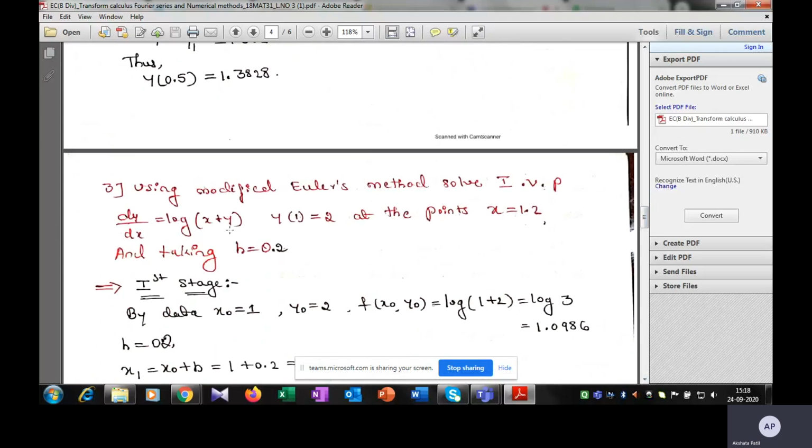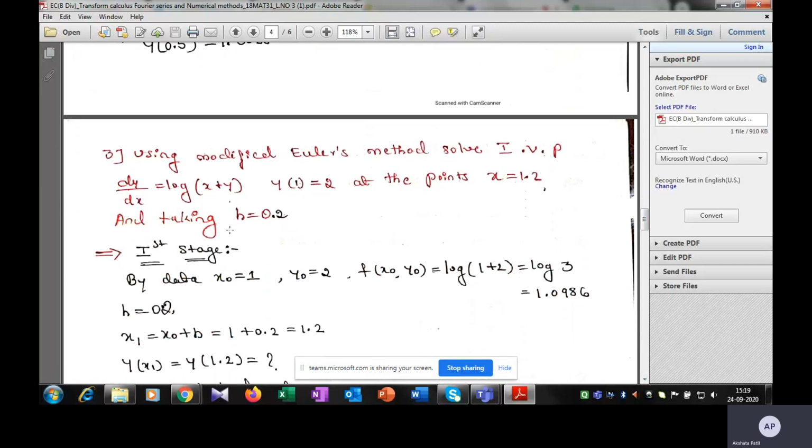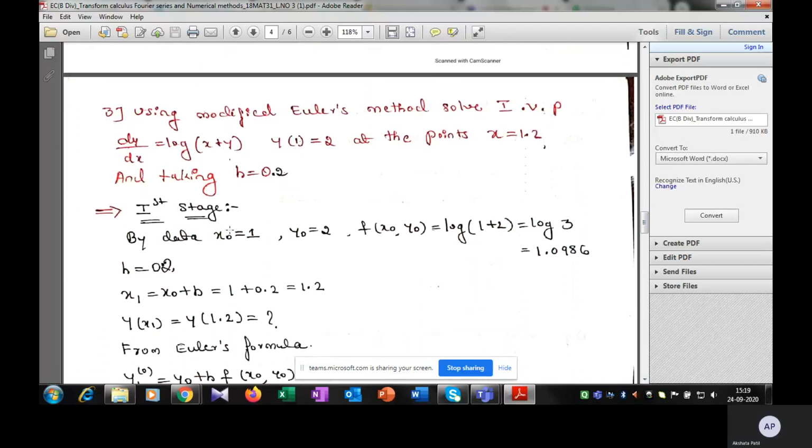Now let us solve one more example, that is, using the modified Euler's method to solve the initial value problem dy by dx equals log of x plus y, y of 1 equals 2, at the point x equals 1.2 and taking h equals 0.2.